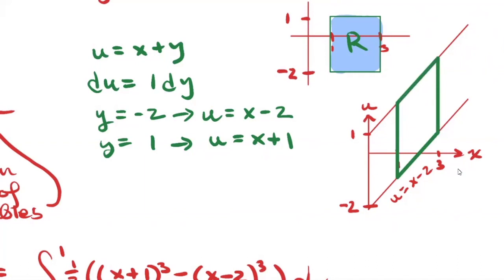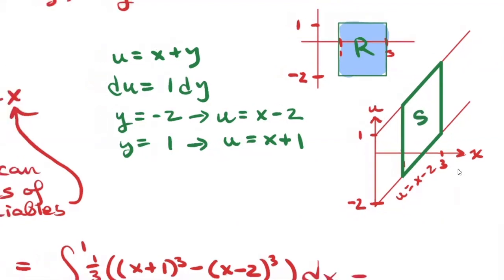Okay, I would call this S. It's a little more tricky. S is a transformation of R that occurs after a change of variables.